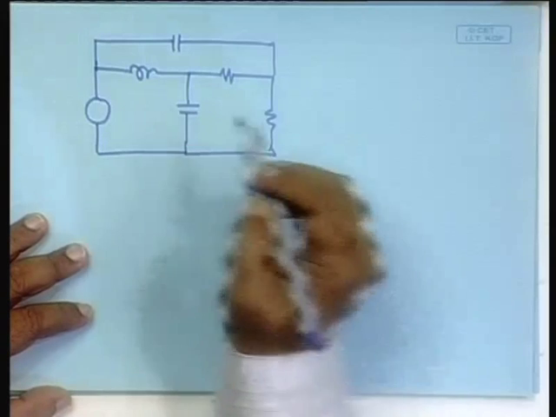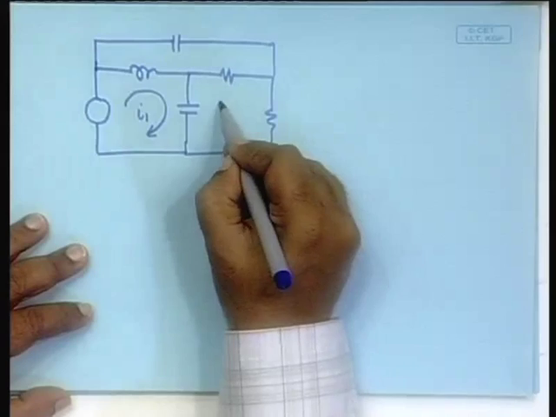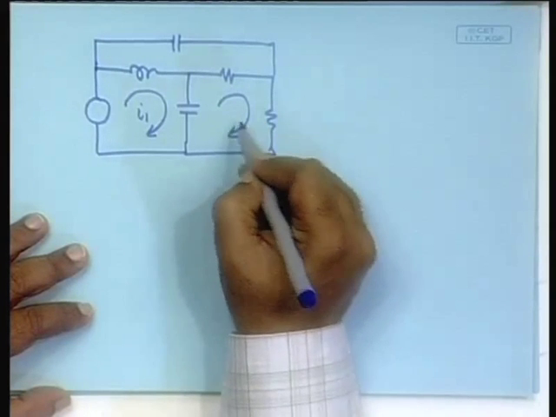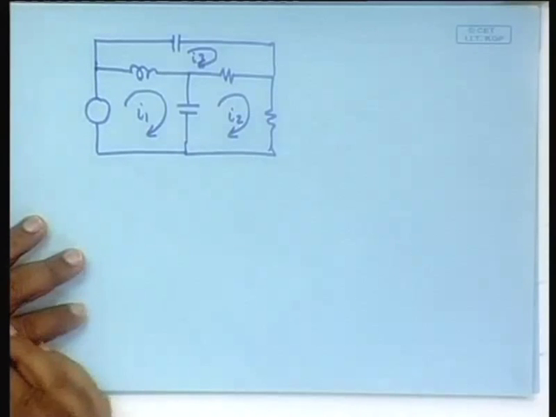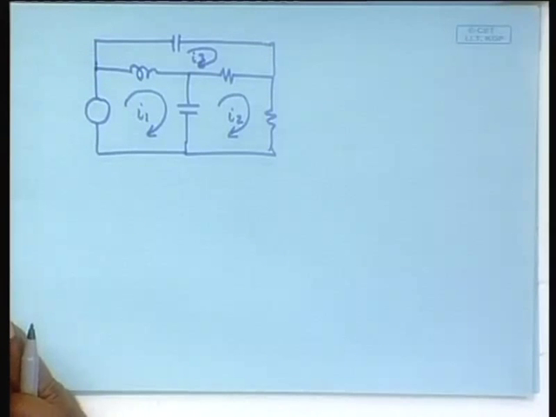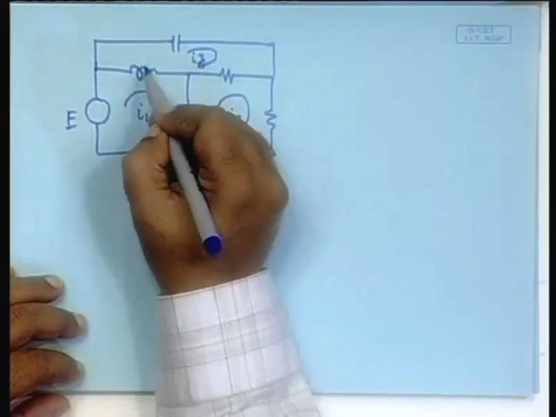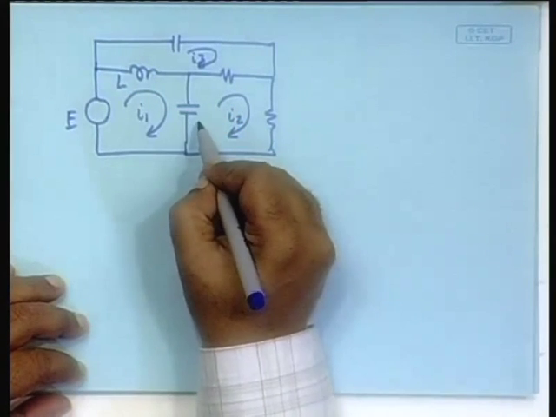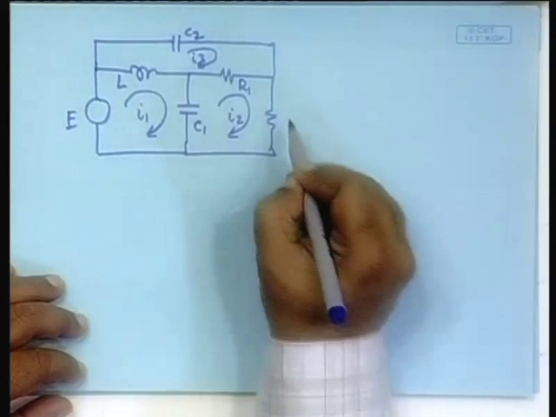In this case, we will say here is my loop I1, here is my loop I2, and here is my loop I3. So, my E, L, C1, C2, R1, R2.